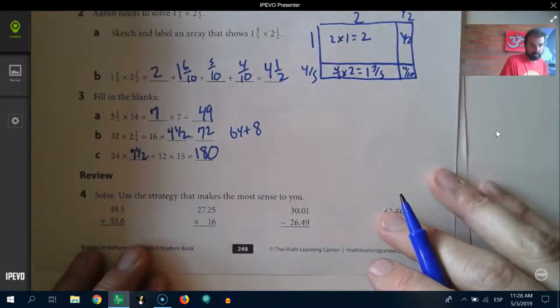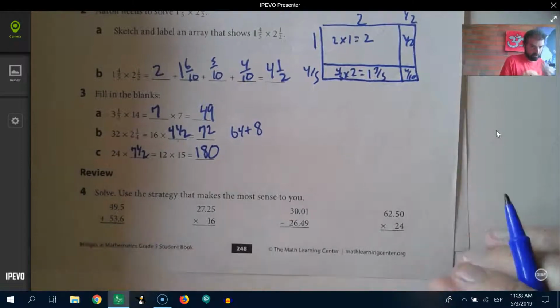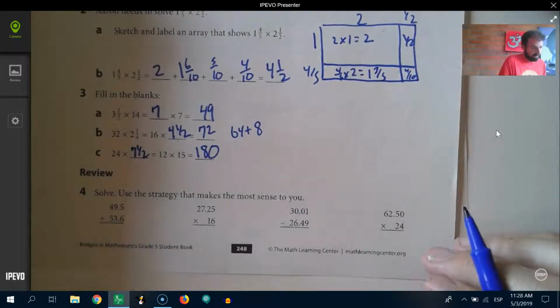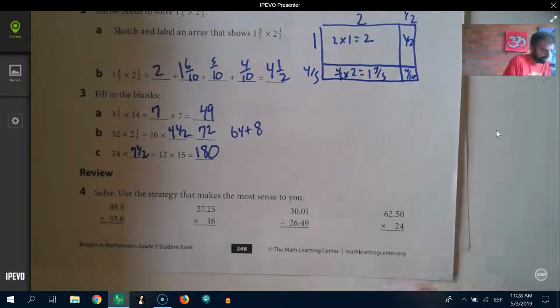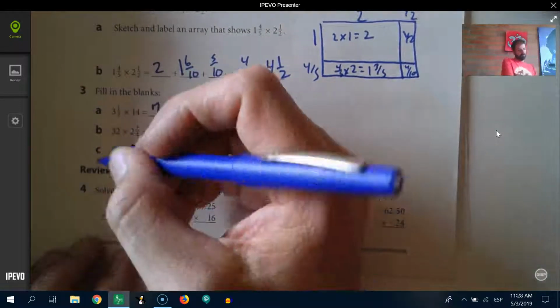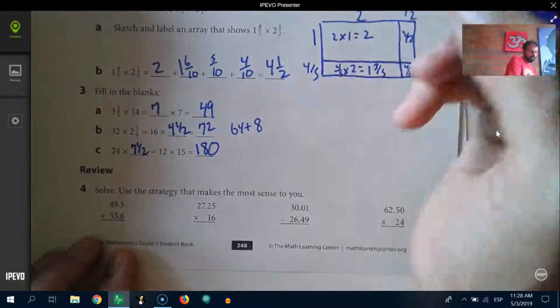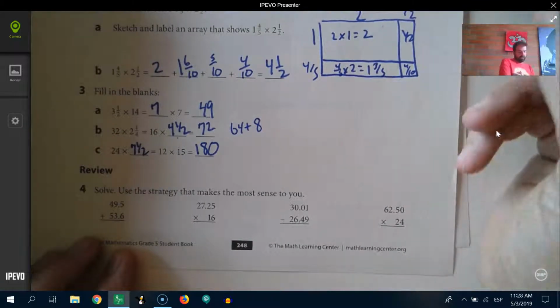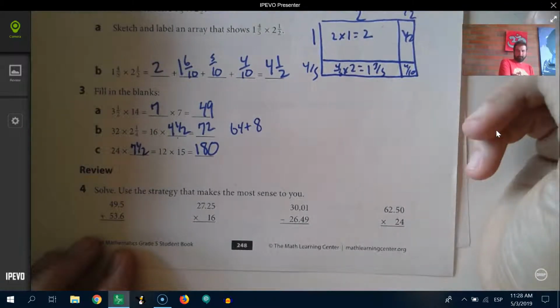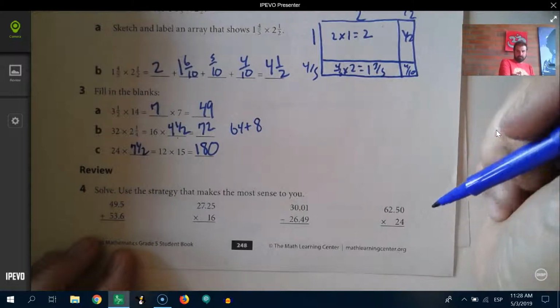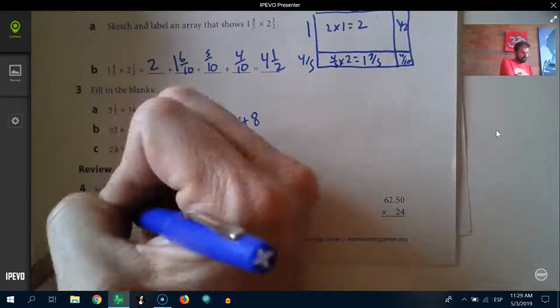Solve. Use the strategy that makes the most sense to you. Ooh. This is some thinking here. I mean, I just never feel they give you enough room sometimes. Don't you ever get that? No? Alright, here we go. So I'm adding.